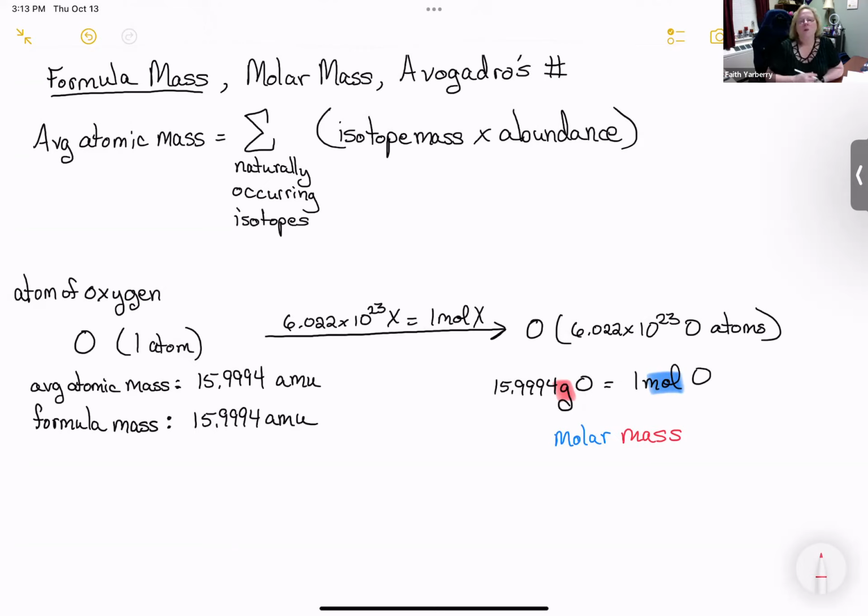I've actually incorporated all of these terms already: formula mass, molar mass. So let's talk. Formula mass is for 1 of whatever. Molar mass is for a mole of whatever, which just happens to be the 6.022 times 10 to the 23rd.